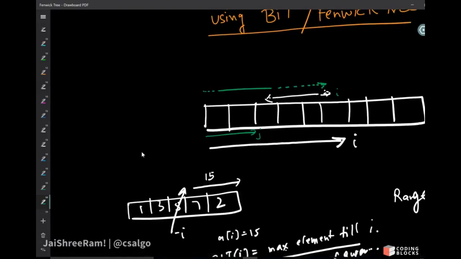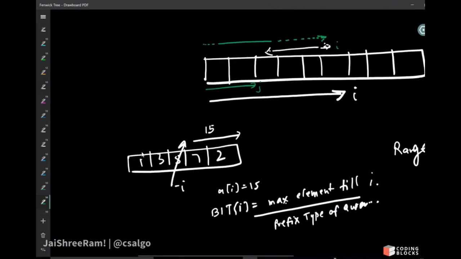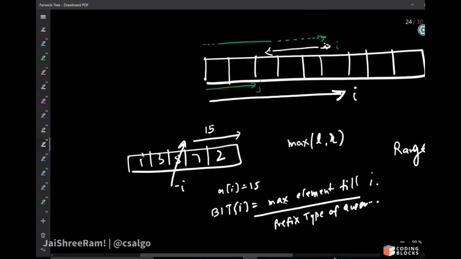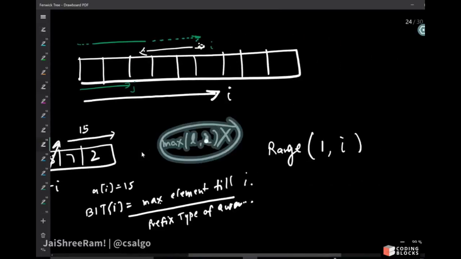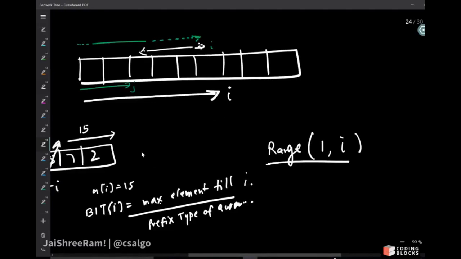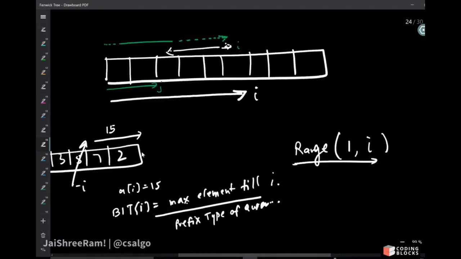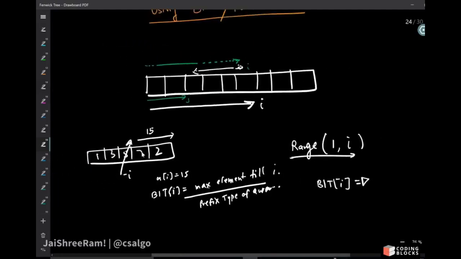You cannot do this like we did in the range sum query. So using BIT, doing the maximum in the range L to R is not possible. The only thing I can do is find out the maximum or the minimum element in the range 1 to I, because I know that BIT of I stores the cumulative answer till the index I. So that's the only difference.